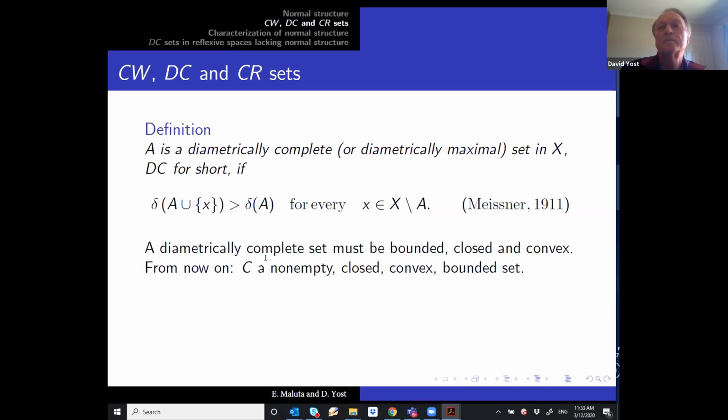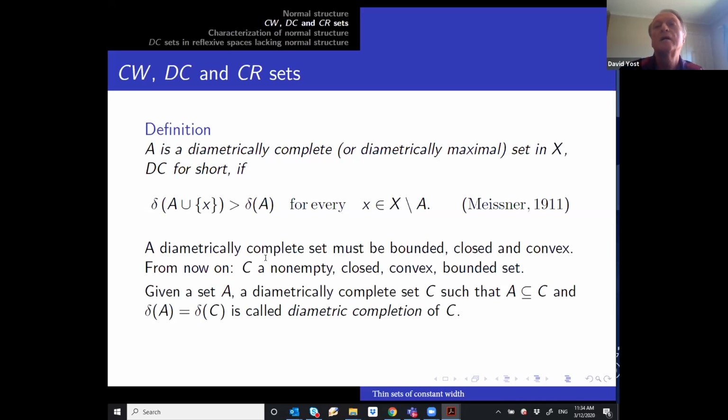Now, a diametrally maximal set has to be bounded and closed and convex. So for the most part, these are the only sets that I'll consider. Everything is going to be non-empty, closed, bounded, and convex. And you can always form the completion of a set.